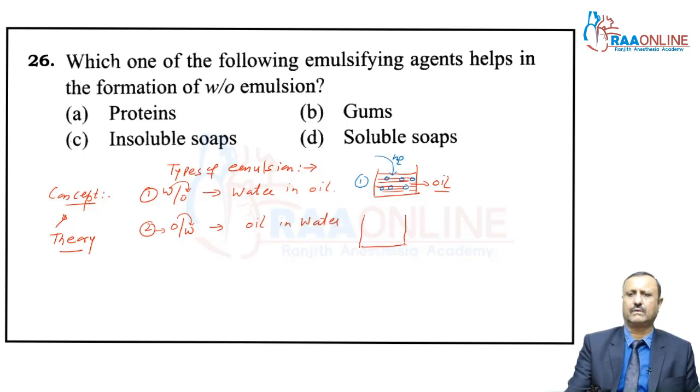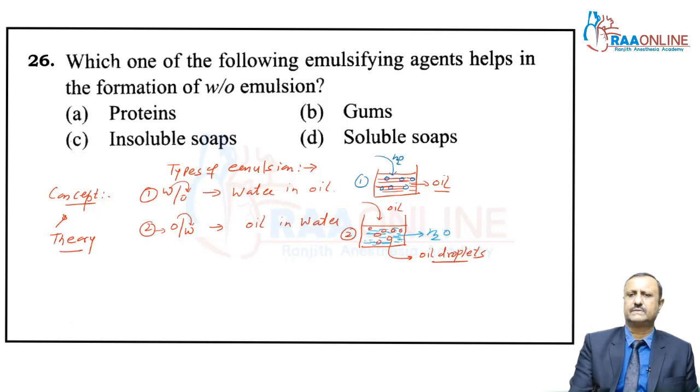When we say oil in water, we present water in a beaker. This is the water, and when a small amount of oil is added to the water, you get oil droplets here. These are called emulsions. So emulsions are of two types: number 1 water in oil, number 2 oil in water.